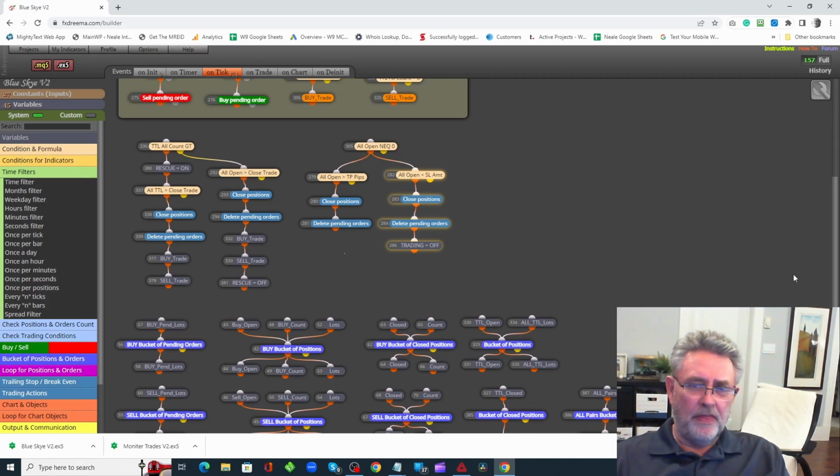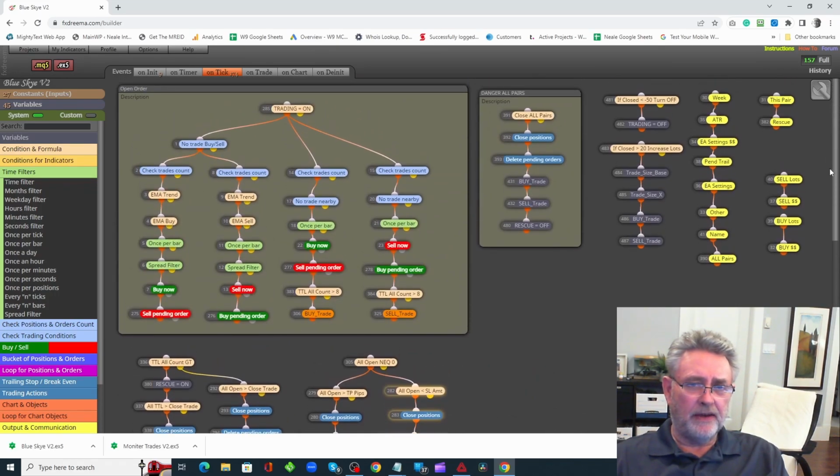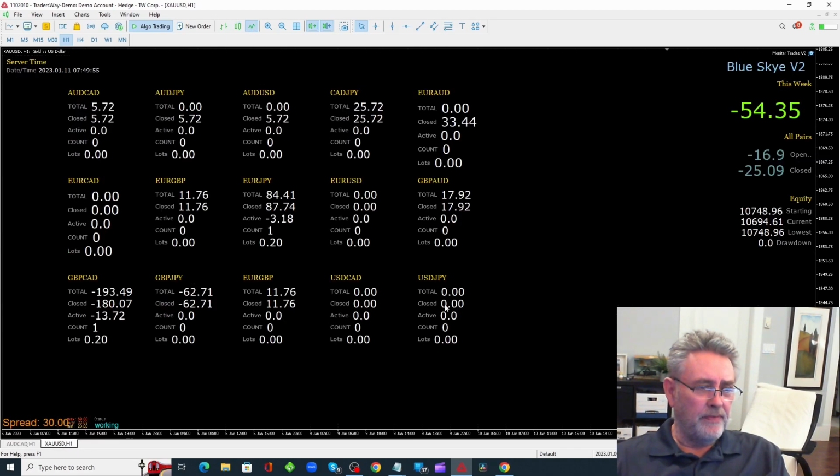So the other thing that's associated with that is this code here. What this is doing is it's looking at a pair and saying, if you're $50 in the hole, in other words, in closed trades, even while you're in process, it's going to turn trading off for that pair. So here there's only two that are in that zone, and this basically is turned off.